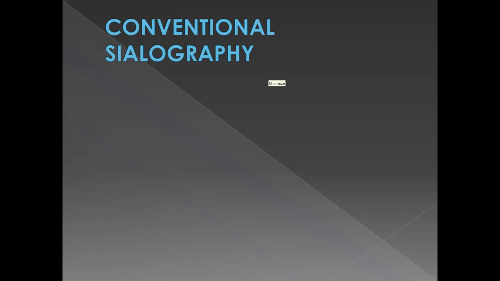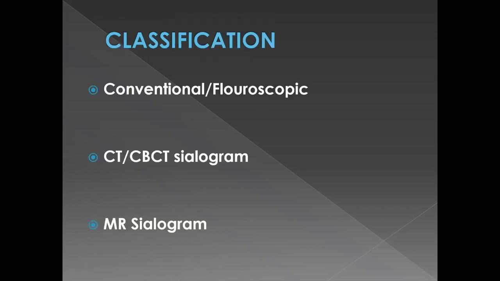All right. So I guess if we don't have any more questions, I'll move on to conventional sialography. The thing about sialography that you should know is that it has several types. Whenever you order a sialogram for a patient in whom you suspect a submandibular or parotid stone, it depends on what facilities the radiology department has for conducting the sialogram, because as you can see, various types of sialography are available.